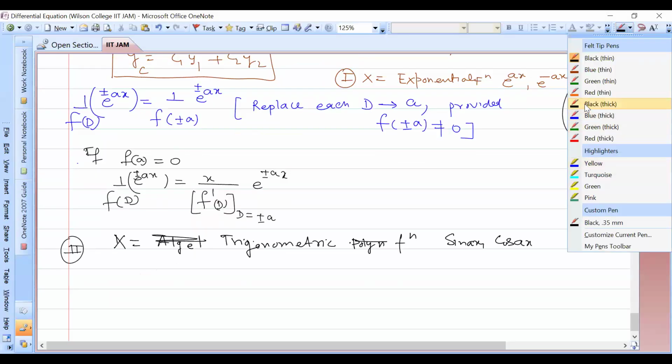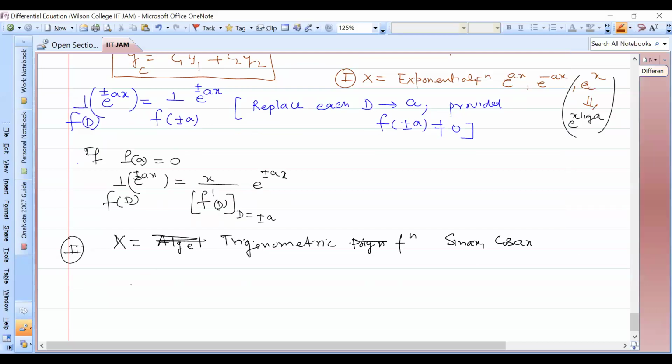So what is the rule? D square equals minus a square. Here, 1 upon f of D square.